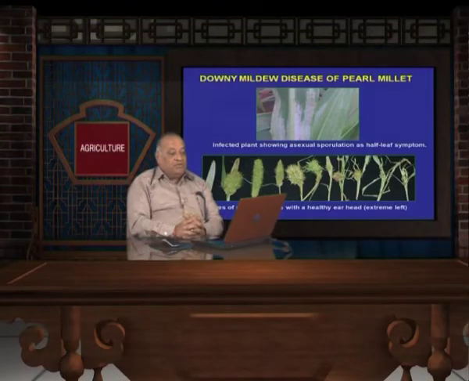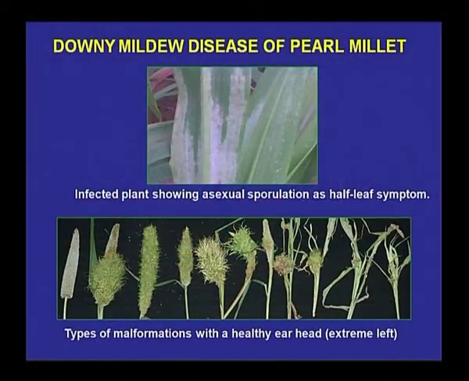This is the picture showing the downy mildew disease of pearl millet. This is the characteristic half leaf symptom, where the lower half of the leaf is showing the downy growth having the sporangia completely filled within it. And these are the types of malformation.